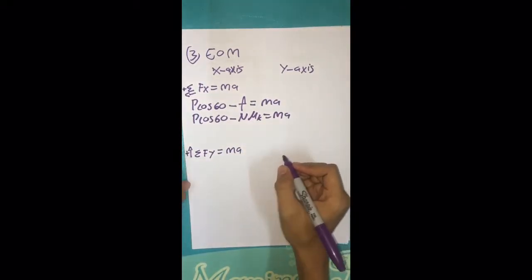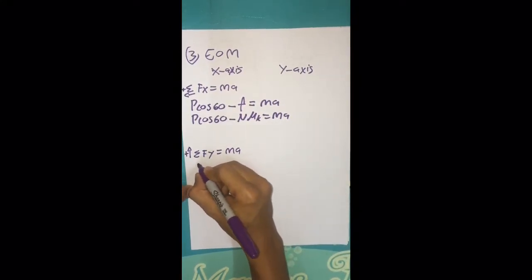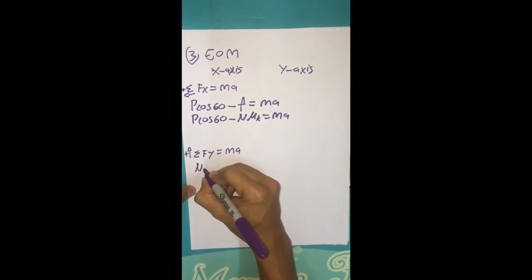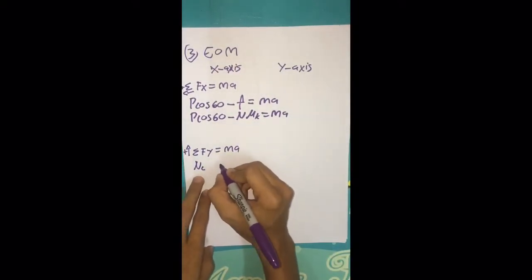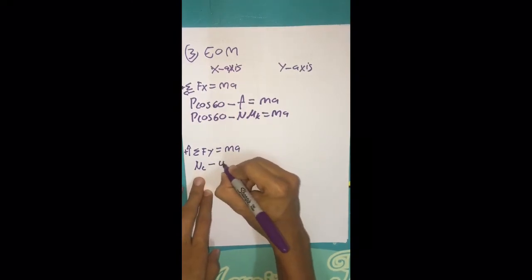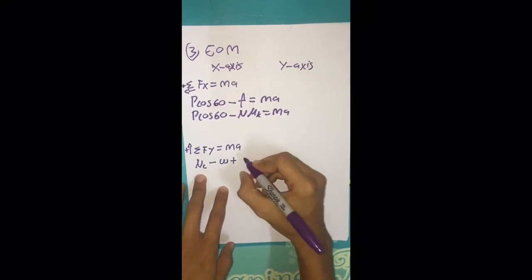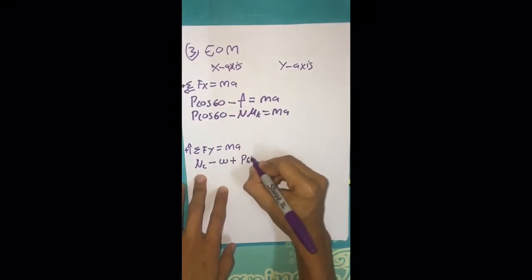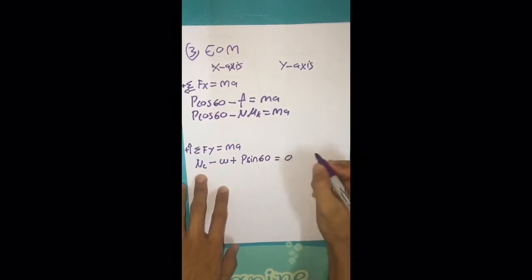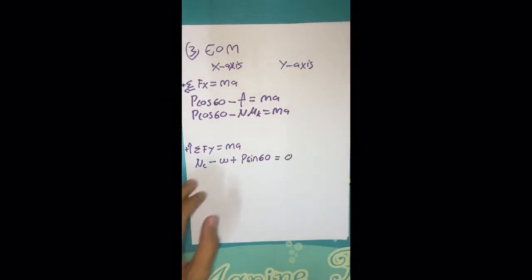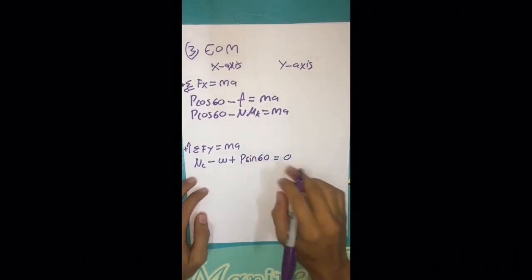At the y-axis we have normal force minus weight plus P sin 60 is equal to 0, because at the y-axis we don't have acceleration. That's why it will be 0.